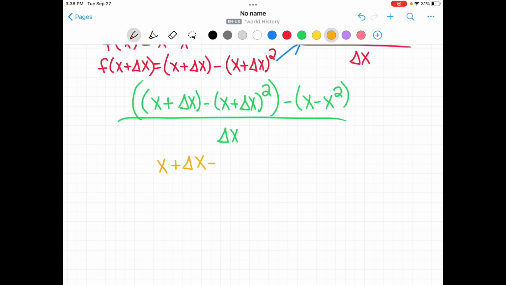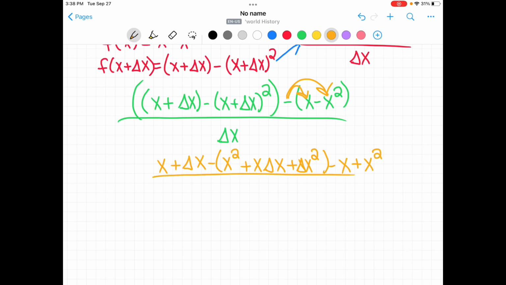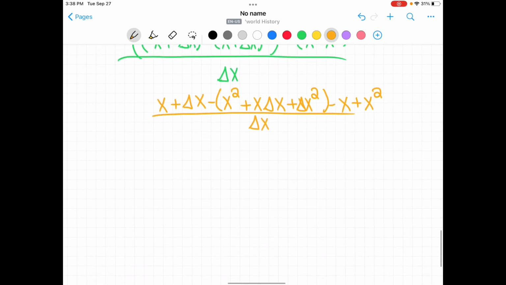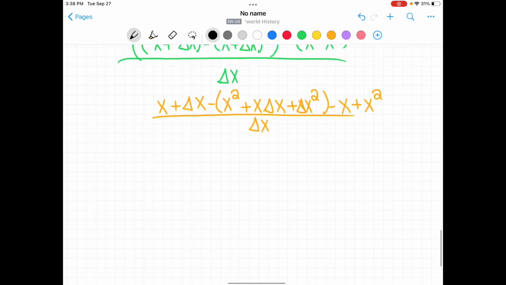That gives us x squared plus x times delta x plus delta x squared, minus, we're going to go ahead and distribute this negative sign, minus x plus x squared, all over delta x. I'm going to go back to black. I'm just trying to distribute the steps.